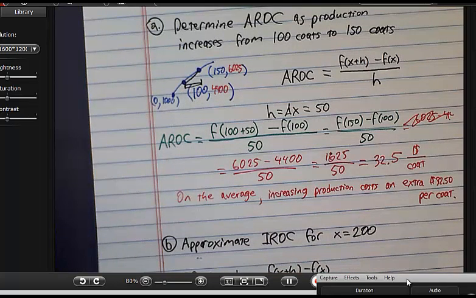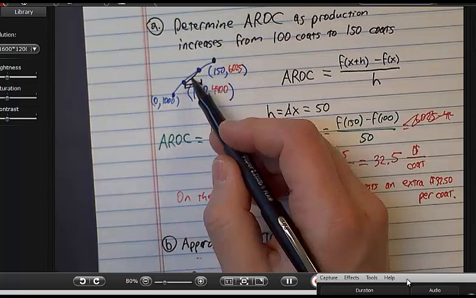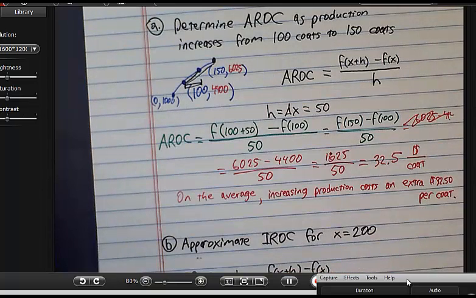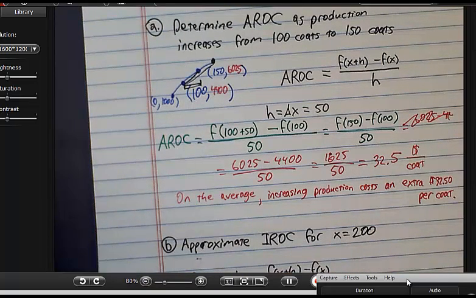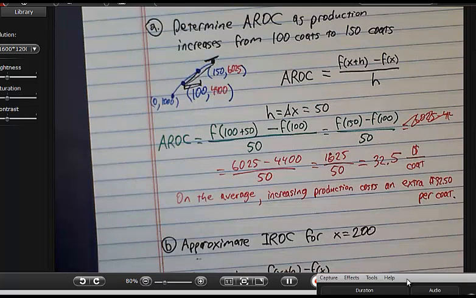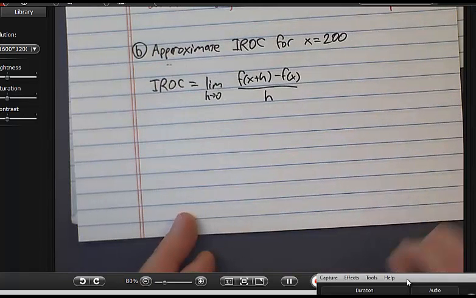So on the picture, here's 200. But I don't want a secant line. I want to shrink it until I get a tangent line. And I'm looking at this, and I'm thinking that IROC is going to be smaller than the AROC I just computed. It doesn't look as steep to me. All right, now we'll see. So we're going to go ahead and compute. Limit as h goes to 0.